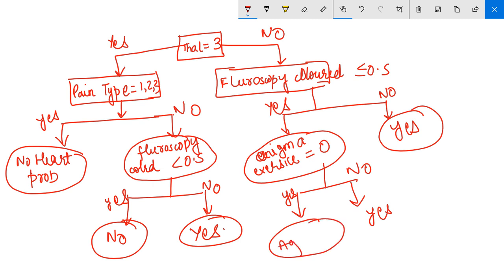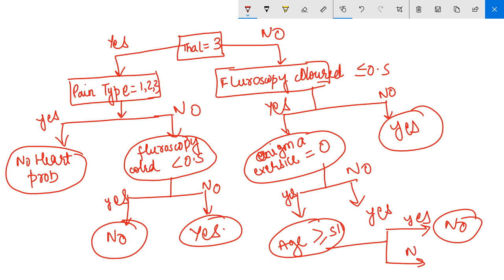If age is greater than or equal to 51, why 51? They could even take 50. Okay, they've taken 51. So again, there is a subdivision. If yes, there is no heart disease. No, there is a heart disease.